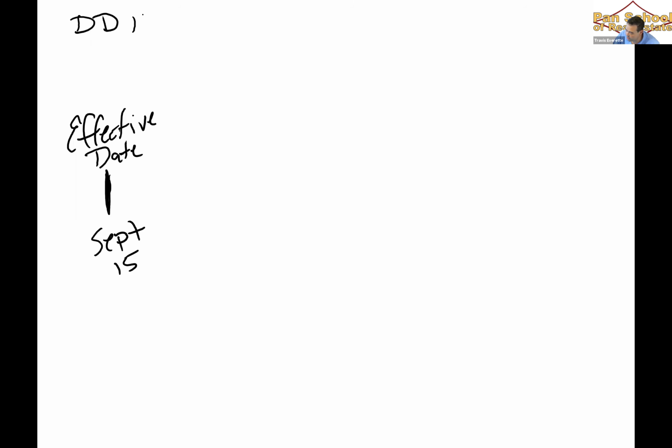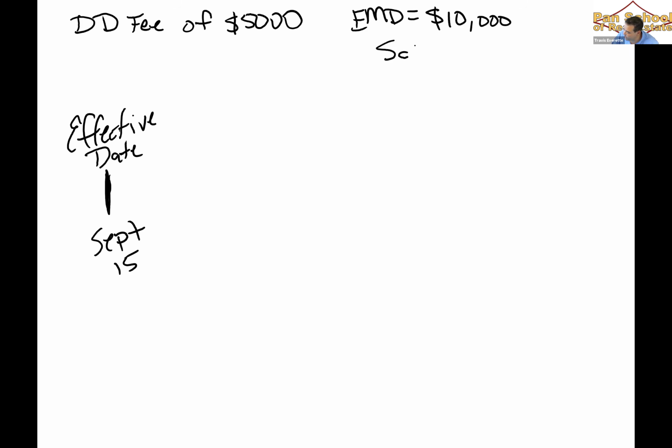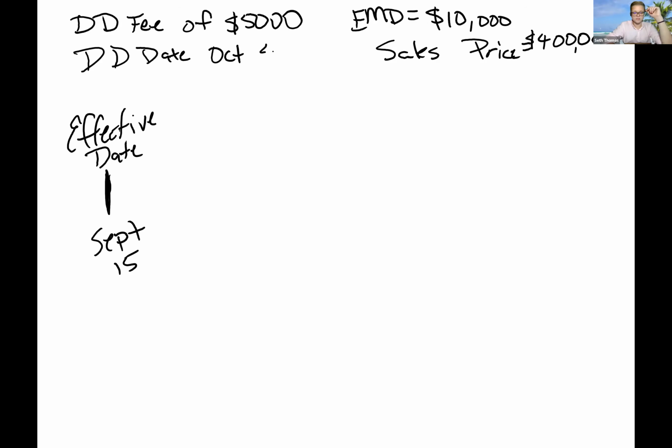It calls for a due diligence fee of $5,000, an earnest money deposit of $10,000, and a sales price of $400,000, with a due diligence date of October 5th and a closing date of October 31st. Those are all the facts about this contract.